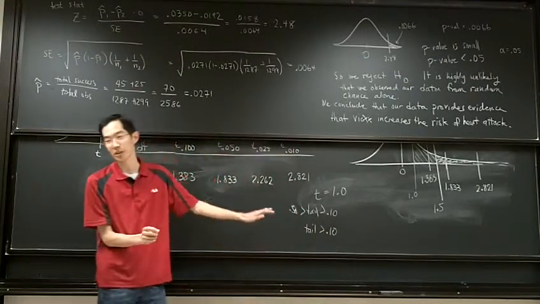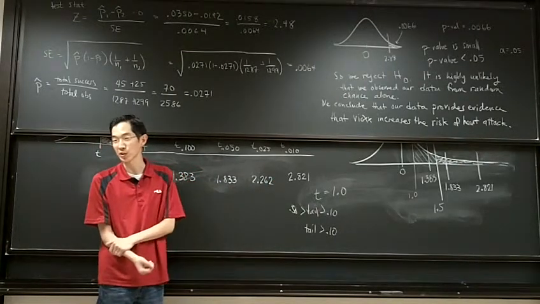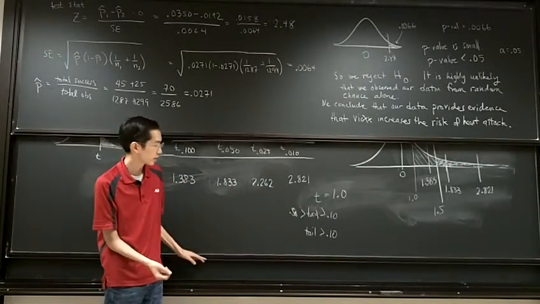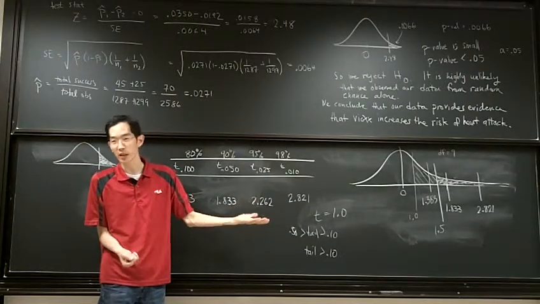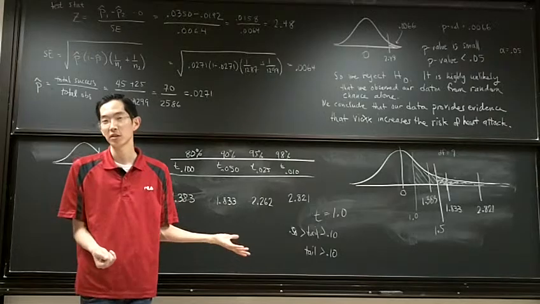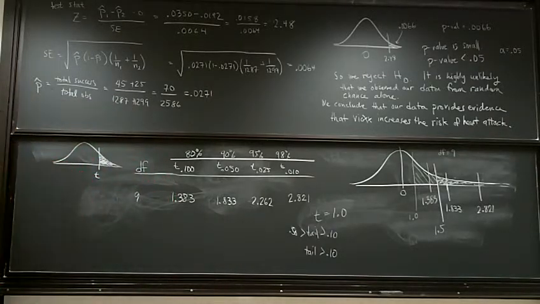Because we're assuming the tail is always less than 50%. But if we draw a line at 1.0, we don't know exactly how much is in the tail, but we do know it's more than 10%, and also less than 50%.